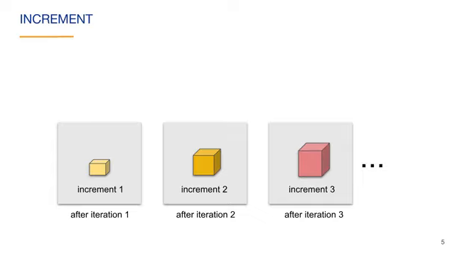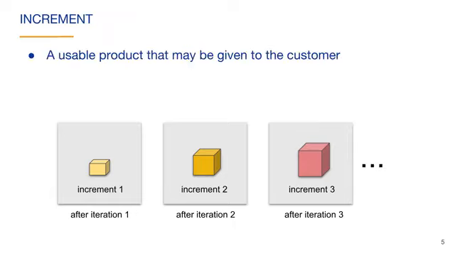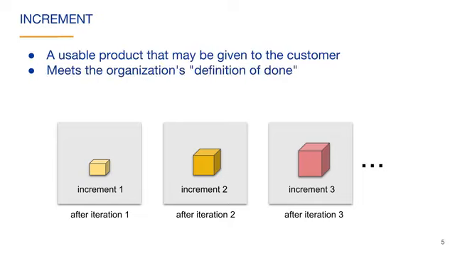At the end of every iteration, a product called an increment is ready. Here we see that 3 iterations have created 3 increments of the product. An increment is a usable product that may be given to the customer. The organization always has the option to release the increment. Each increment must meet the organization's agreed upon definition of done.